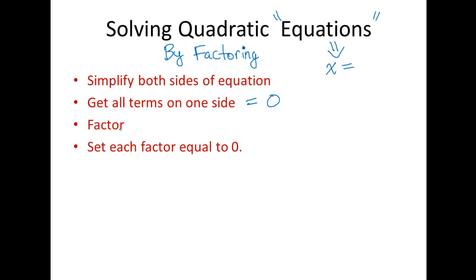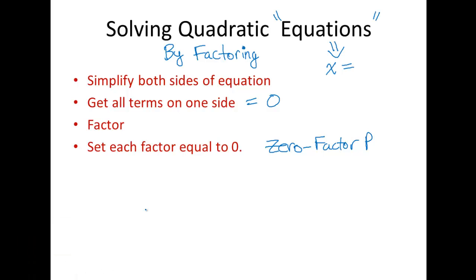What's nice about this is that after we factor, we can set each factor equal to 0 by using our zero factor property. That just means that if we have two things that multiply to give us 0, then at least one of them has to be 0.